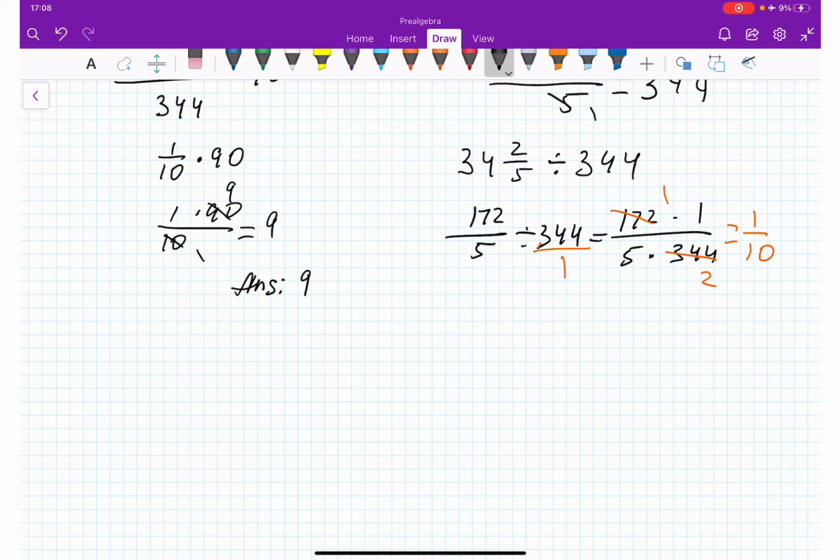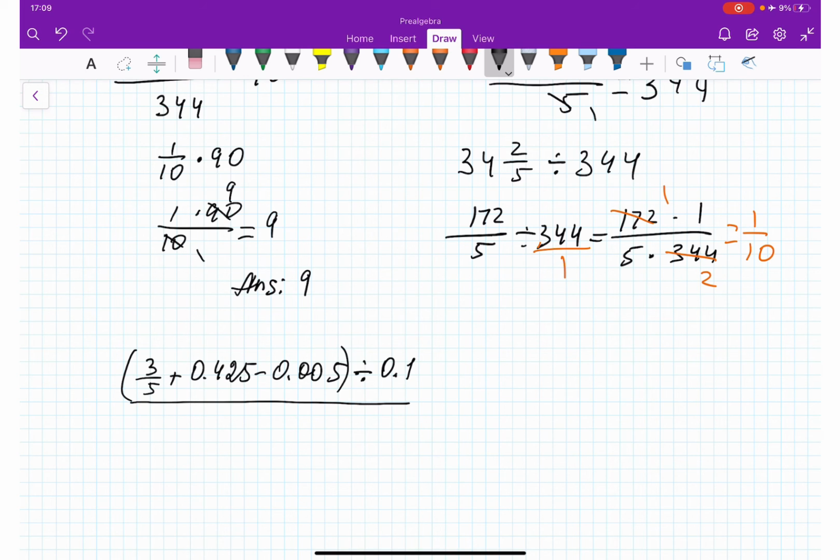And the last one is 3/5 plus 0.425 minus 0.005, and all that divided by 0.1.